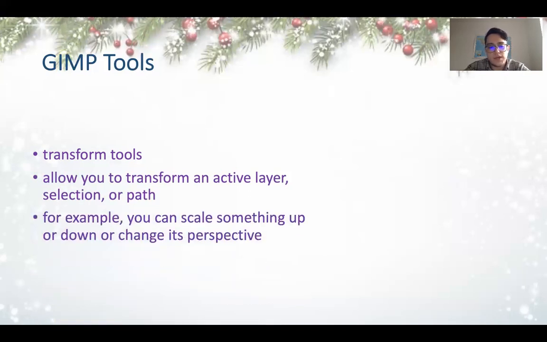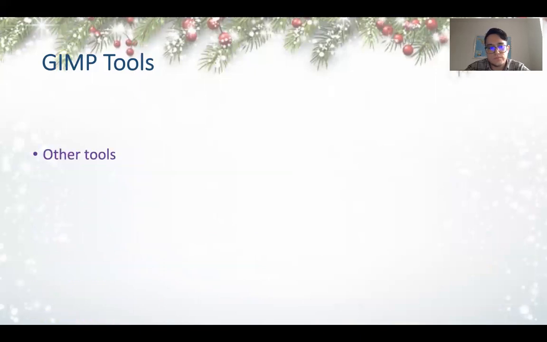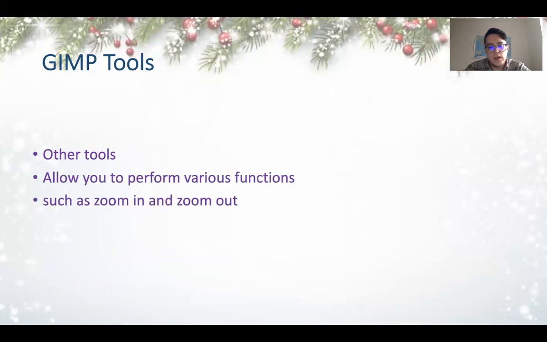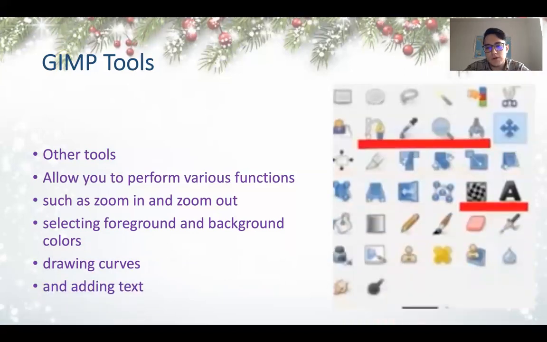For example, you can scale something up or down or change its perspective. These are all the transformation tools. And other tools allow you to perform various functions, such as zoom in or zoom out, selecting foreground and background colors, drawing curves, and adding text, which are these tools highlighted on the right.